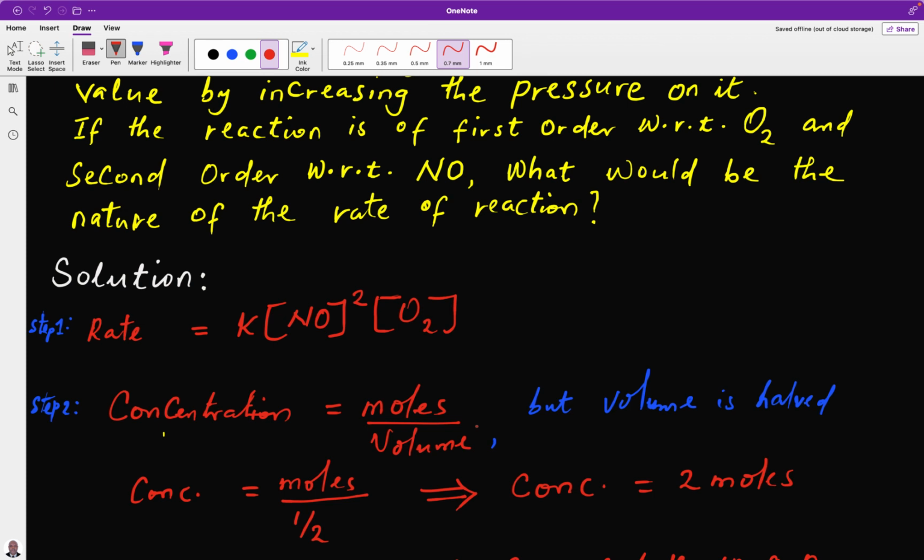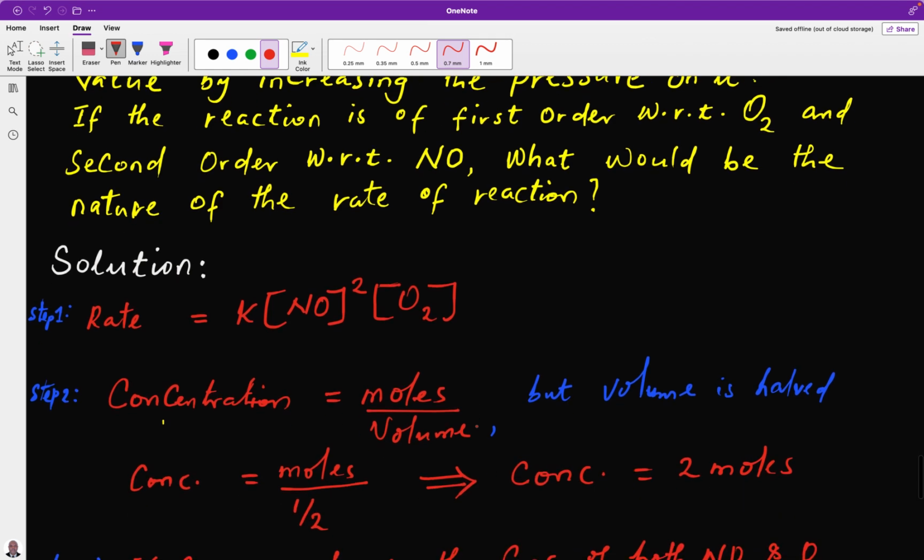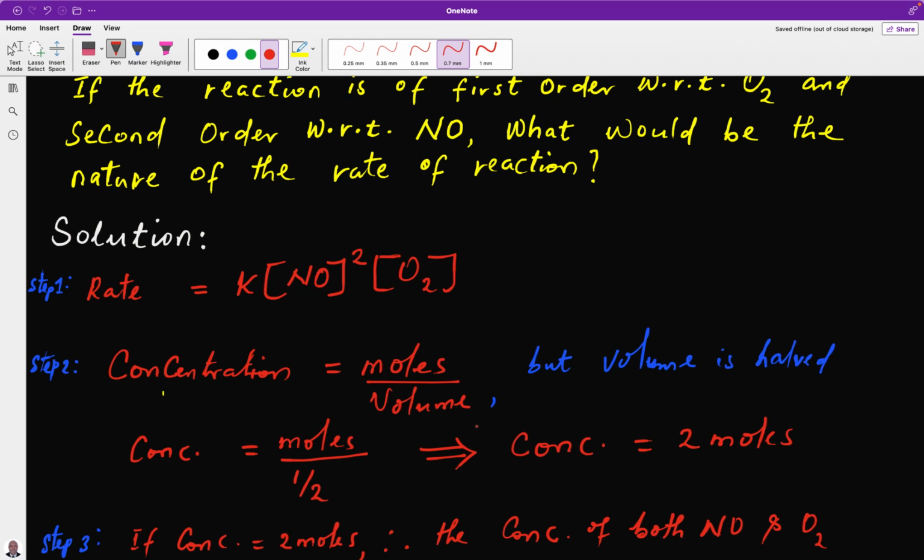Then the second step, they have told us the volume is suddenly reduced to half its value by increasing the pressure. We need to look for an expression where concentration and volume are involved.